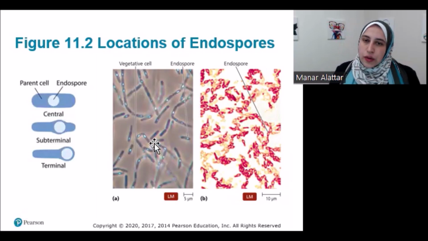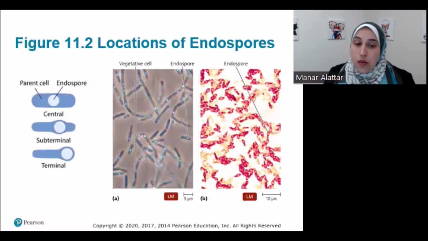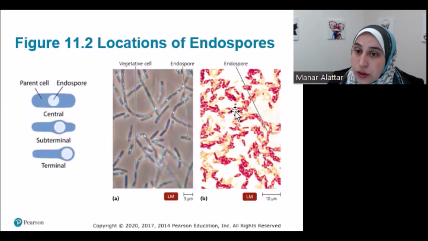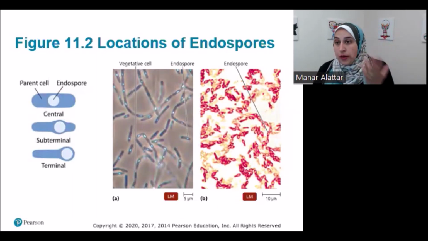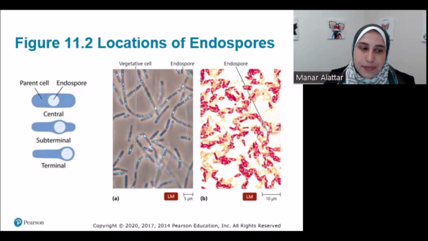Central endospores tend to be characteristic of the genus Bacillus, whereas subterminal endospores, which you can see here more at the end of the cell, tend to be characteristic of Clostridium. We'll talk more about both of those as we move through the discussion today.